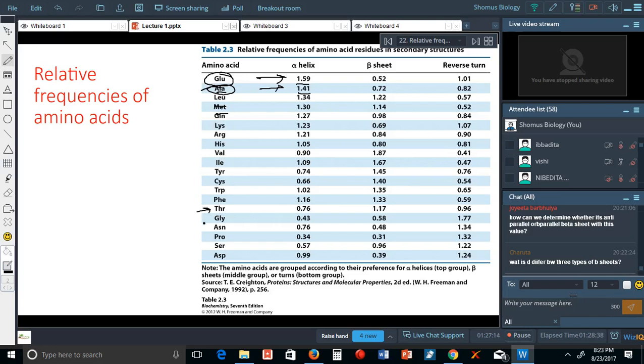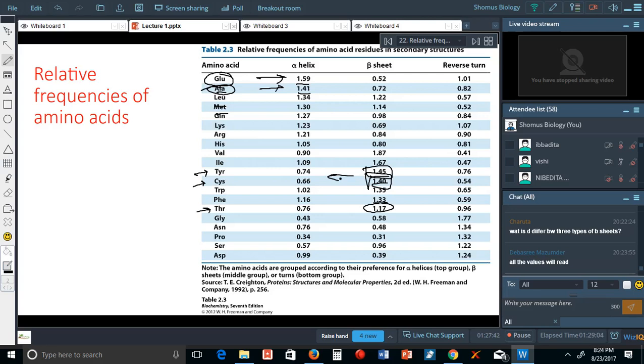On the other hand, if you go back here, we can see that threonine, the abundance is more in beta sheet, less in alpha helix. Tyrosine, cysteine, more in beta sheet, less in alpha helix. So we can say that some amino acids favor the formation of alpha helix, some favor the formation of beta sheet.